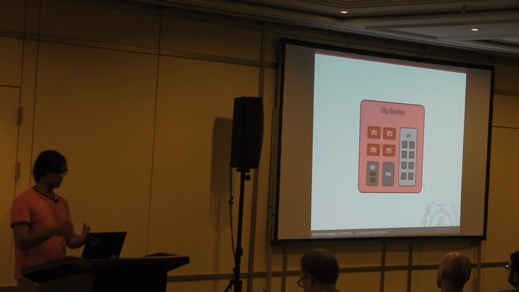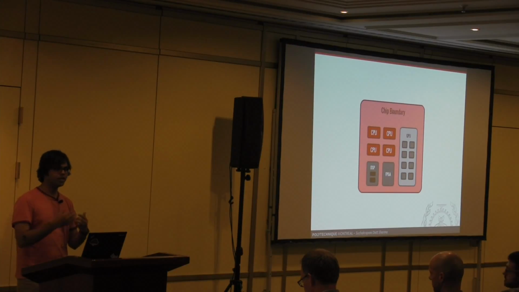But now, this is what's happening these days. We have a GPU on the same chip, we have DSPs, and we have an FPGA on the same chip, and you'll have a lot of data coming and going from each of these. There would be a lot of communication happening between them. Then how would the tracing world evolve with that?